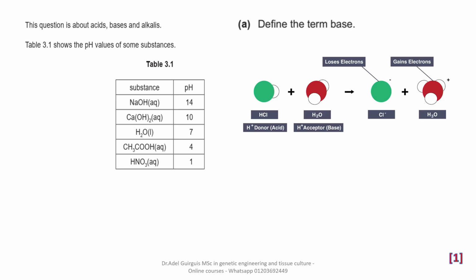Which substance accepts these protons? The substance that accepts these protons is considered a base. In this equation, water H2O accepts the proton of HCl and changes into hydronium ion H3O+. So water is considered a base.